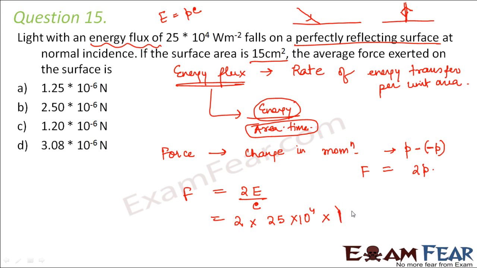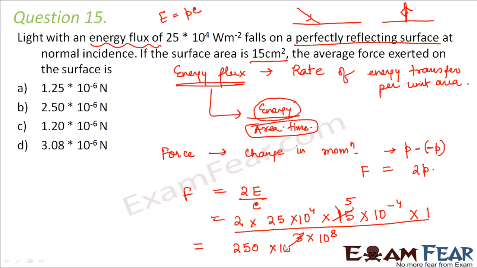Area is 15 centimeters square, which is 15 into 10 to the power minus 4 meters square, into time, which is 1 second, and this divided by C, which is 3 into 10 to the power 8. So 3 5s are 15, and this comes out to be 250 into 10 to the power minus 8, which is equal to 2.5 into 10 to the power minus 6 newtons.